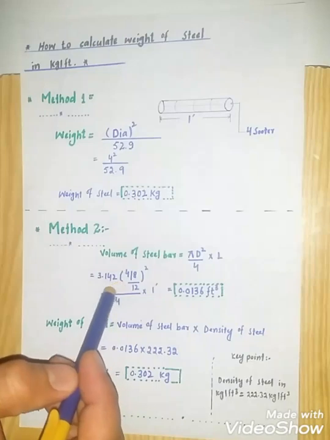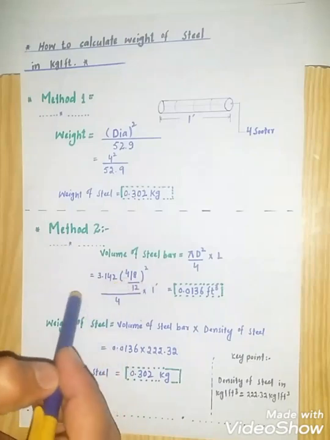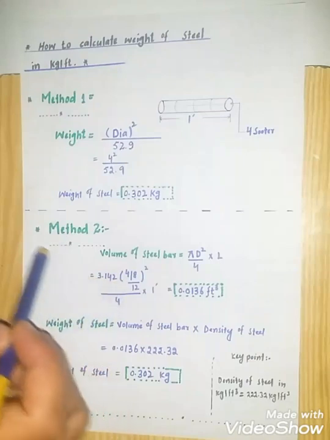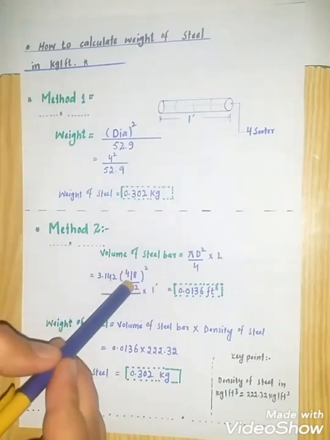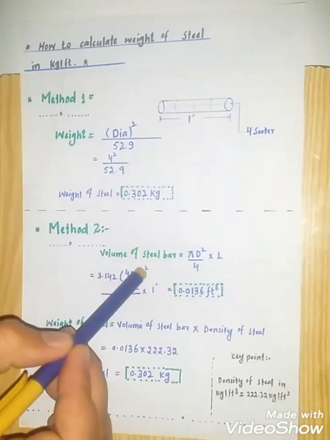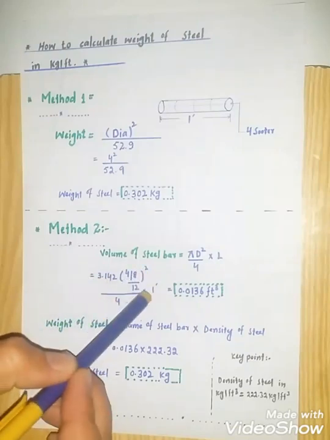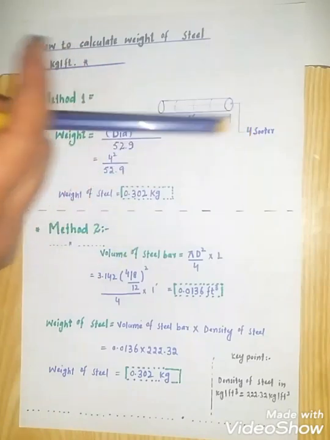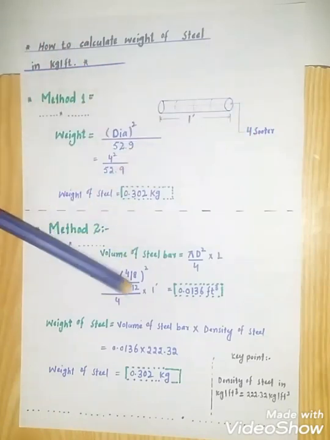Now put the value in the formula. 3.142 multiplied by (4 divided by 8 divided by 12) whole square divided by 4 multiplied by 1. My dear viewer, in this method you need to convert this suture into feet.